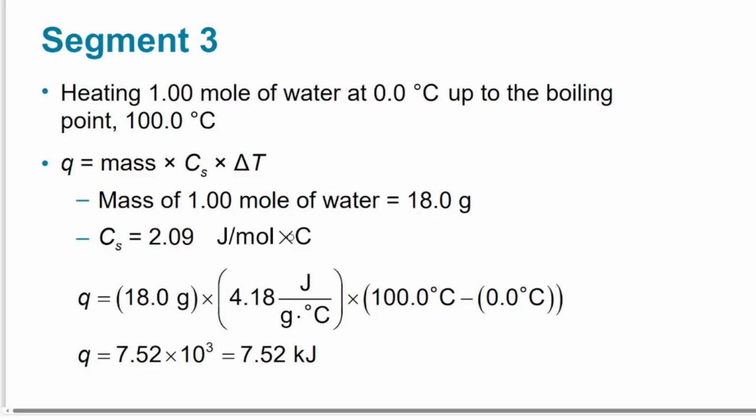So our Q is equal to 18 grams, because we have 1 mole, times 4.18 joules per gram degree C, that's the C sub s for water, times T sub F is 100 and T sub I is 0. So 100 minus 0. So we have our Q at 7.52 kilojoules.